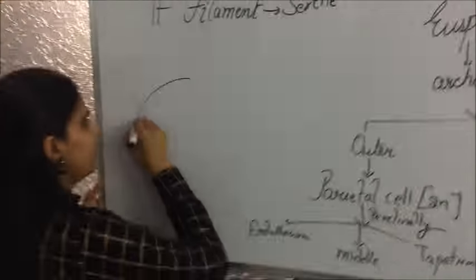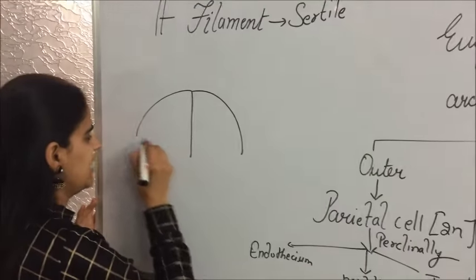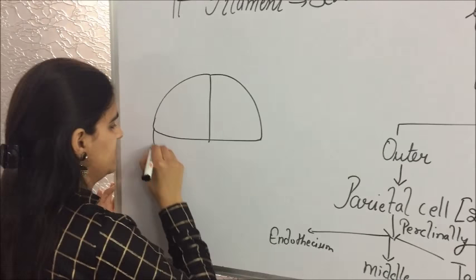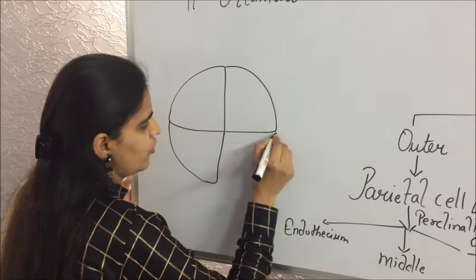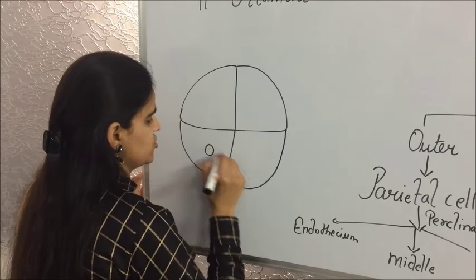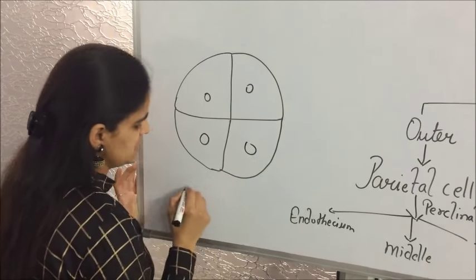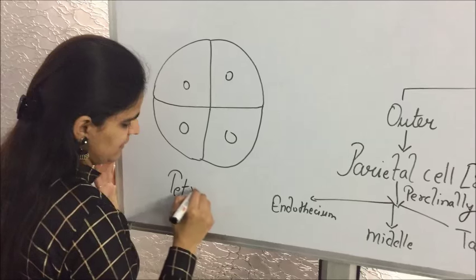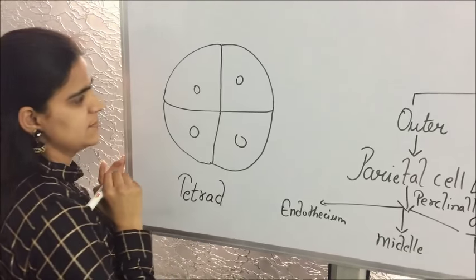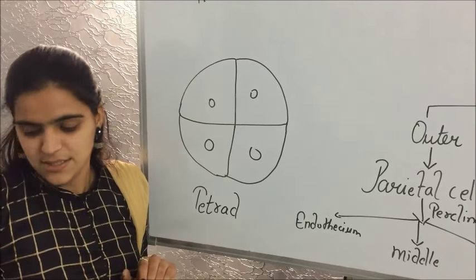Now these 4 microspore cells I will draw. They form a tetrad. Tetrad means 4 cells in a single structure. That is known as tetrad. Now I will erase.